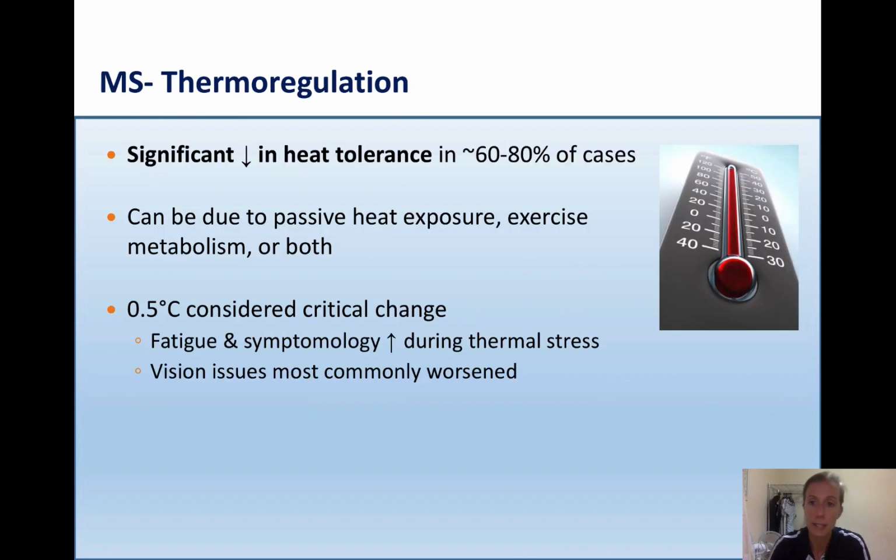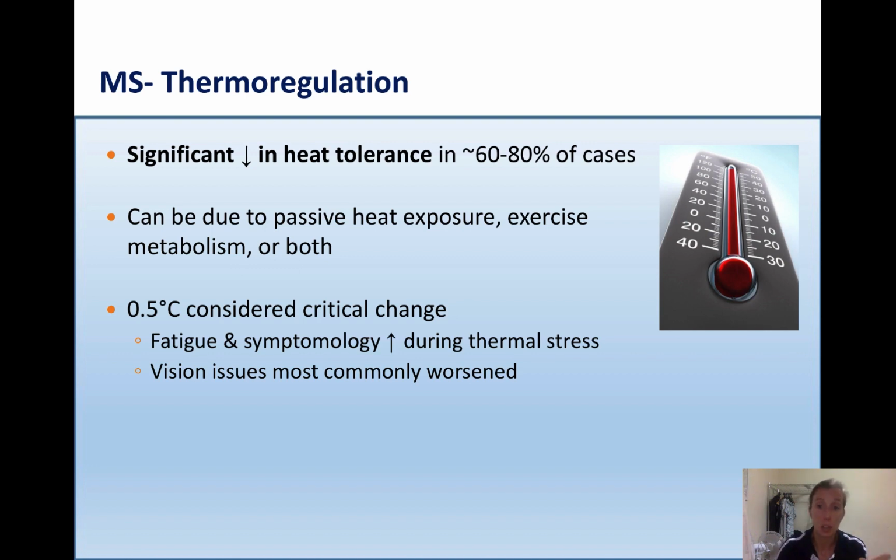So we know we've got a significant reduction in heat tolerance in around 60 to 80% of our MS cases. This can be due to passive heat exposure, exercise metabolism, or potentially both. So we need to be aware of that. Where we can control that, we need to control it. 0.5 degrees Celsius is actually considered a critical change, and we know with that kind of change we can see a significant increase in fatigue and symptomology, whatever symptoms are specific for that individual.